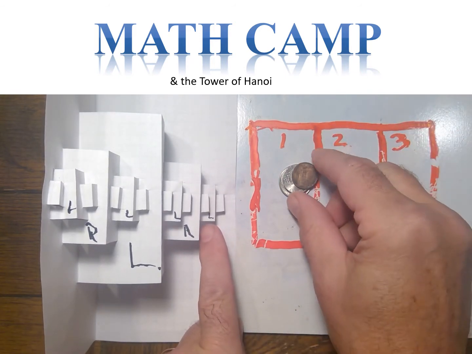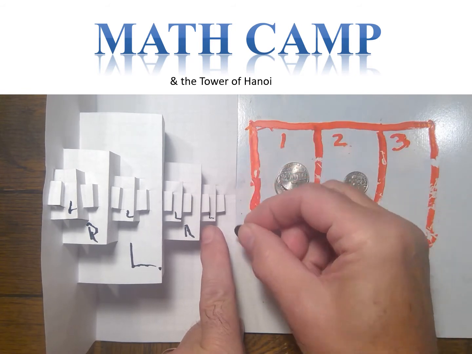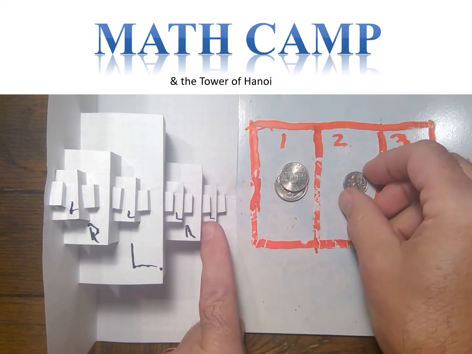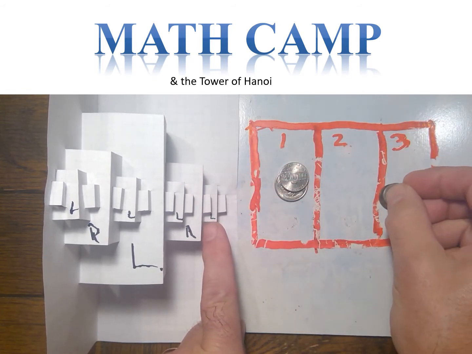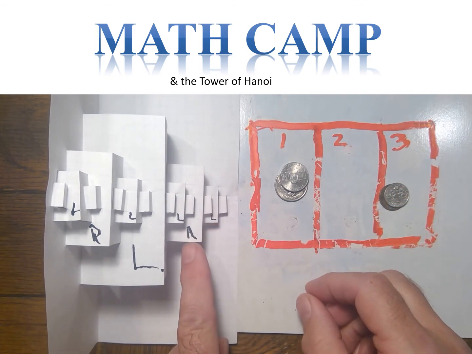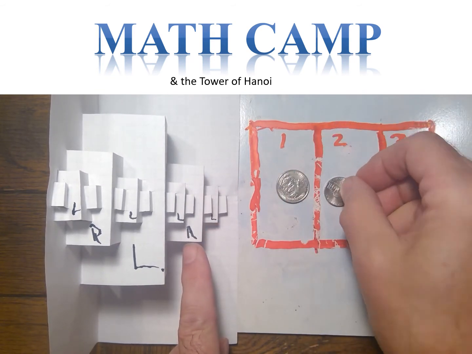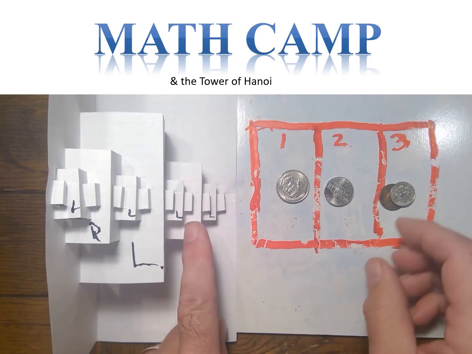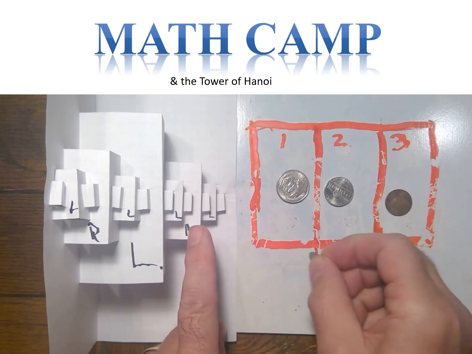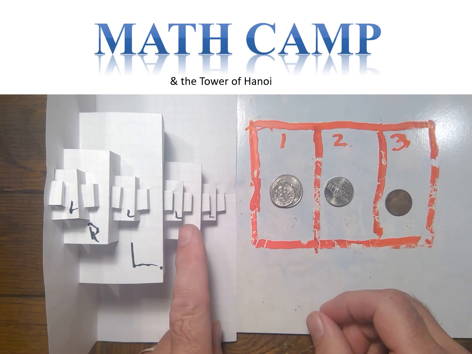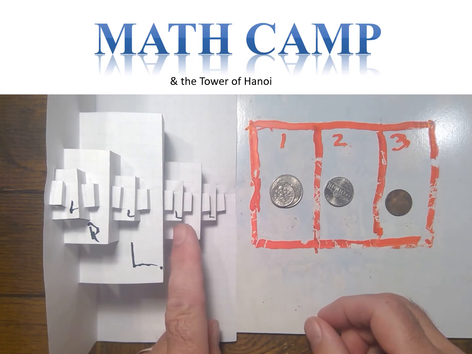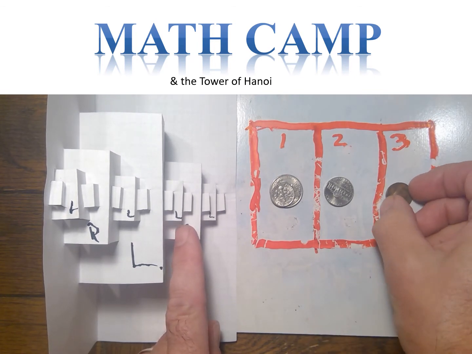Okay, so dime goes to the right. Next, penny goes to the left, wraps around. Dime goes to the right. This is the nickel. Nickel goes to the right. Dime always goes to the right. Now it's going to wrap around. Then we go left with the penny.